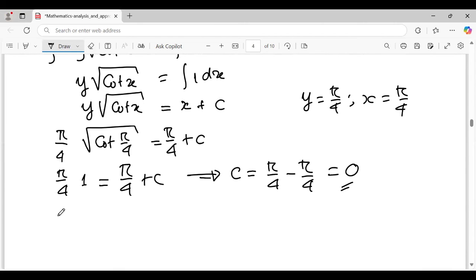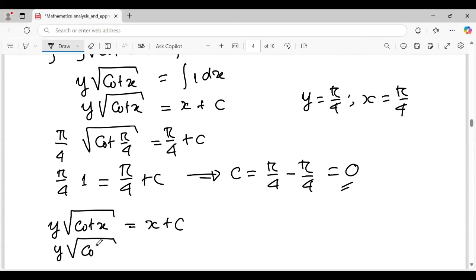Now let's return to this equation, y square root cotangent x equals x plus c. And c equals 0, so it becomes y square root cotangent x equals x.